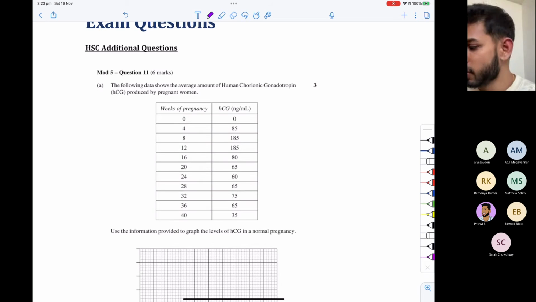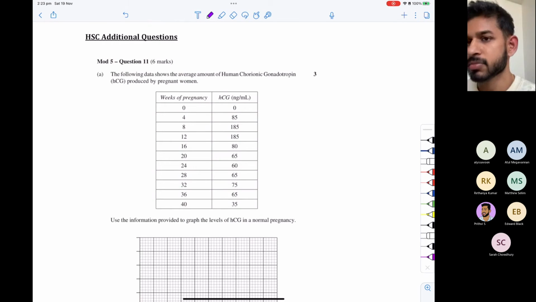Now, I'm going to give you all about 10 seconds to tell me what trend you observe. During graphing the data, look at this table and tell me, how is beta HCG changing? And I'm going to tell you why. Hit the raise hand icon once you see the trend.